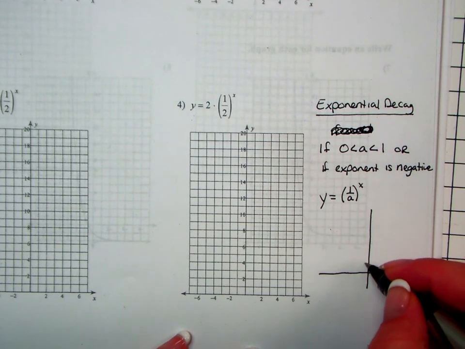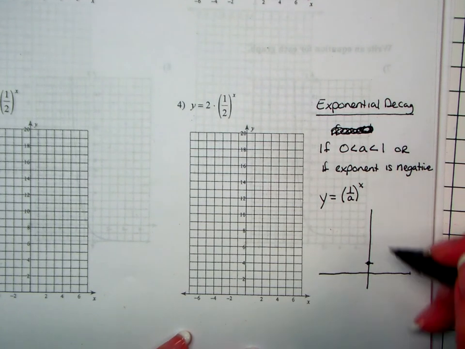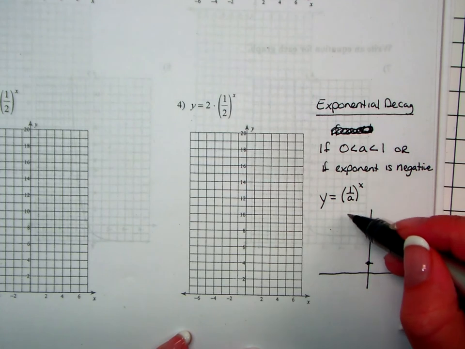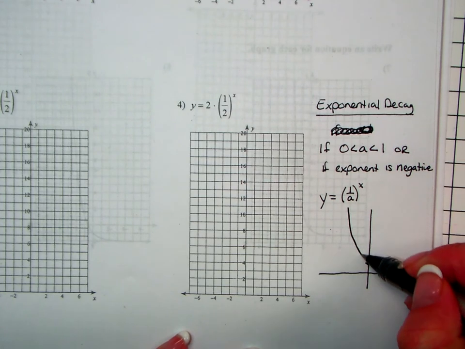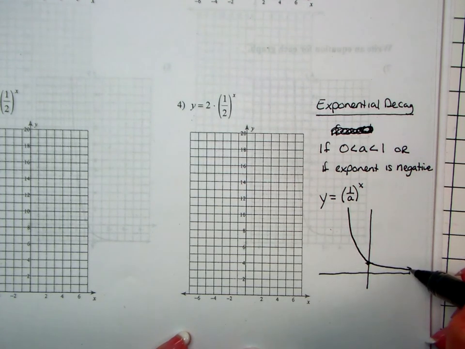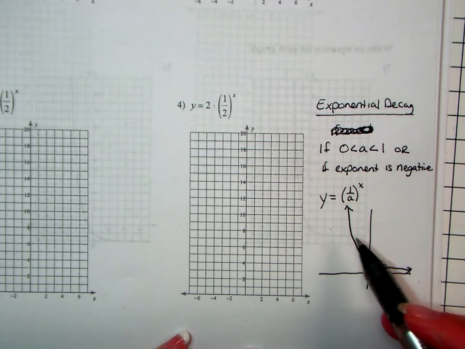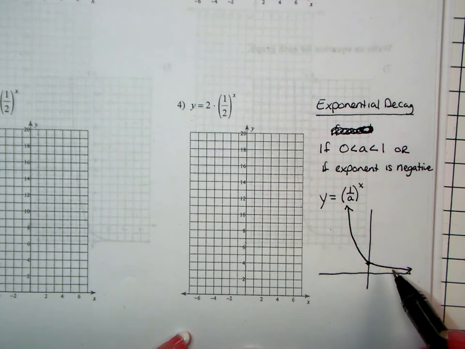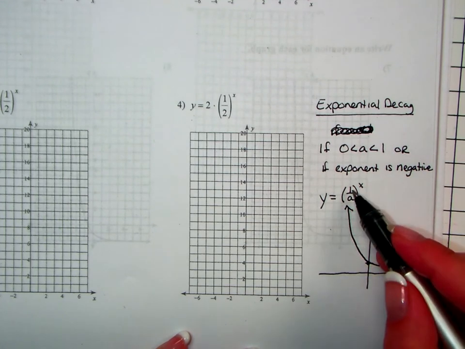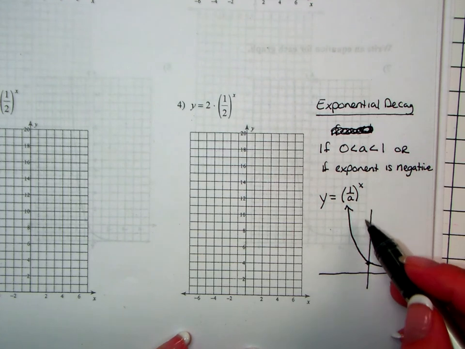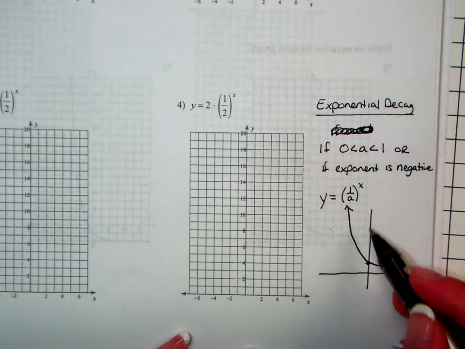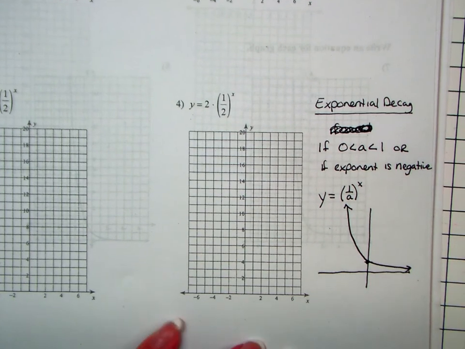So this graph is going to go through 0, 1. Now the decay is going to be the reflection of the growth here, right? So it's going to be a decreasing function. And again, if this is 1/2, 1/5 to the x would decrease faster, 1/10 to the x, again, even faster.